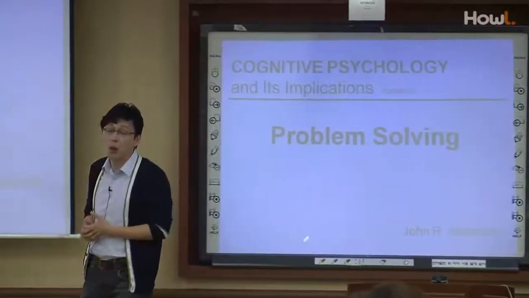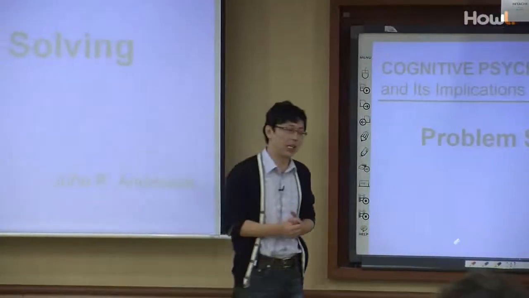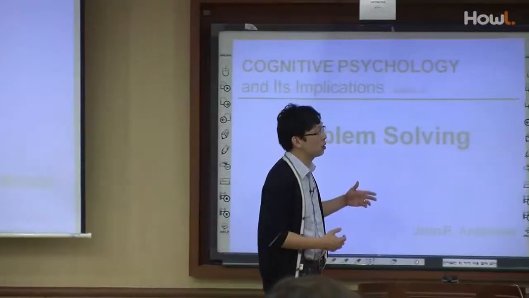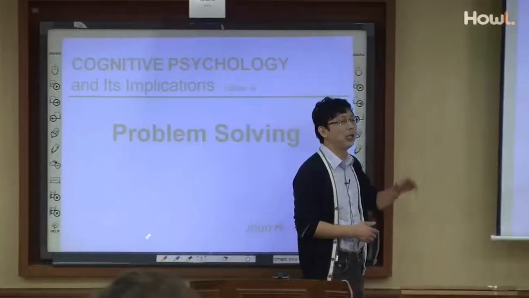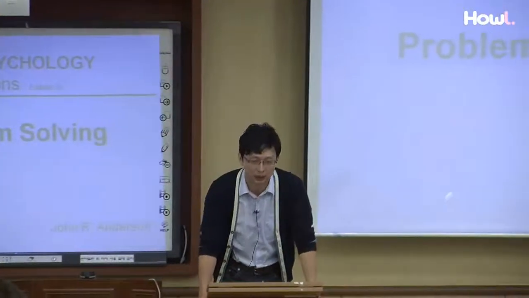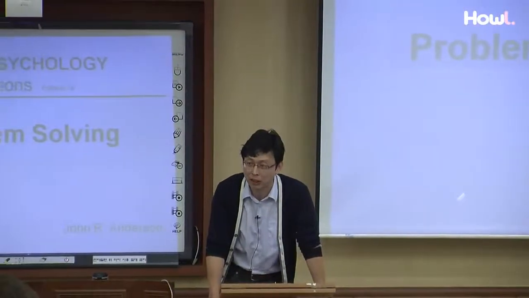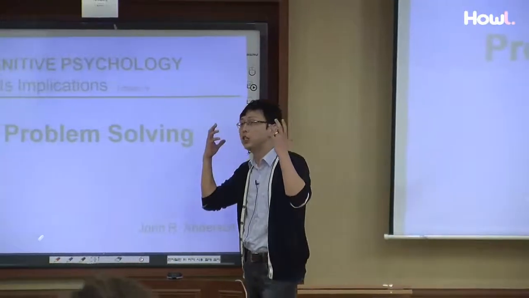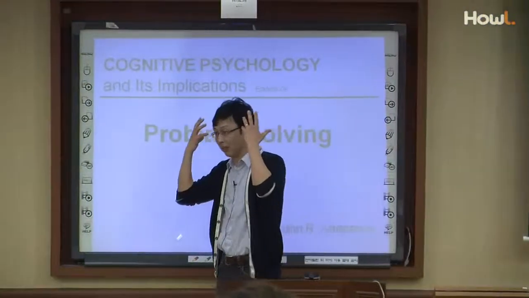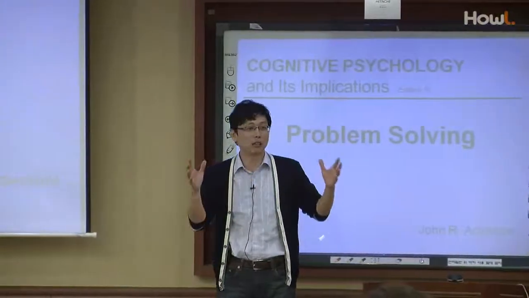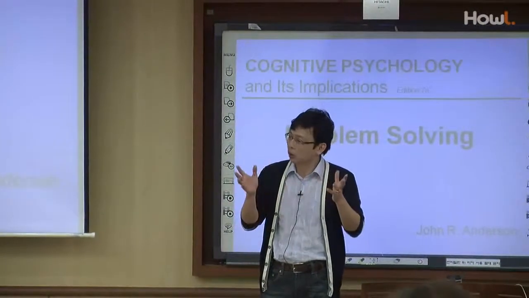One of the main applications of our human cognitive resources is problem solving. We know the memory, right? Some of the knowledge is in our brain, and that is all we know, how to represent it, how to use it.